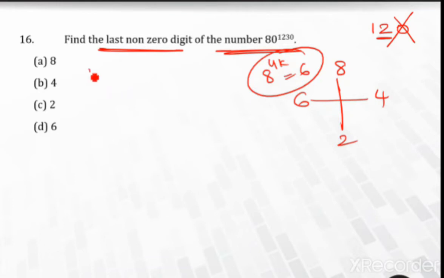What is 80 power 1? 80. Great. What about 80 square?